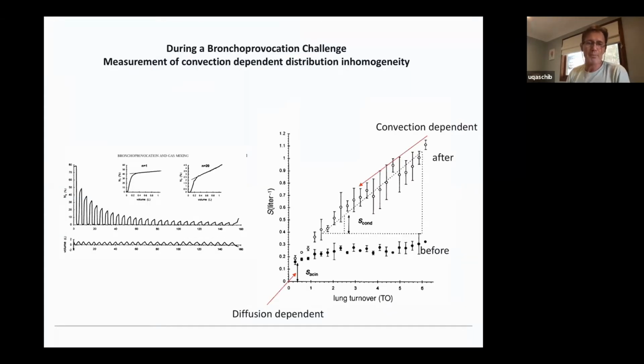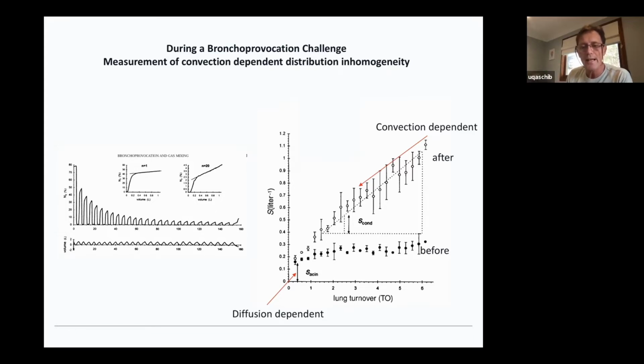So what's happening if we start plotting, and that's where it gets a little bit complicated, but I hope I can make it very simple. We're looking at the slope of breath number 1 and breath number 20. Now we start plotting this, and then we have to do a little bit of normalization around these slopes. We need to normalize it for the exhaled volume at this particular breath.